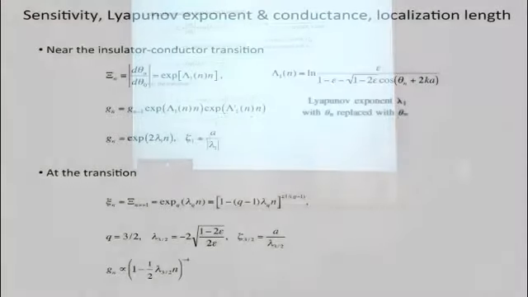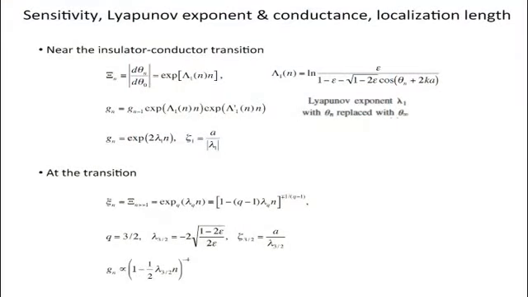You're after the conductance. Here it is, the conductance. And then you see that in the insulating regime, it will decrease to 0 exponentially, and it will have a localization length, which is this number z, and turns out to be exactly the reciprocal of the Lyapunov exponent.